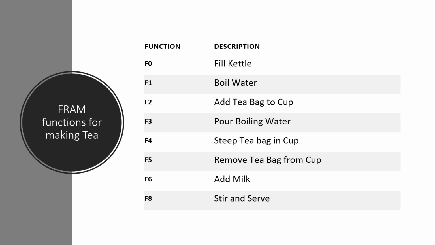I filled the kettle, I boiled the water, I added tea bag to a cup, I poured the boiling water into the cup, I steeped my tea bag in the cup, I removed my tea bag from the cup, I then added milk, and I stirred, and then I served it to myself. Now, let's not get bogged down about whether that is how you would make a cup of tea. That's part of FRAM. But it's how I've decided I'm going to be making a cup of tea for the purpose of this analysis.